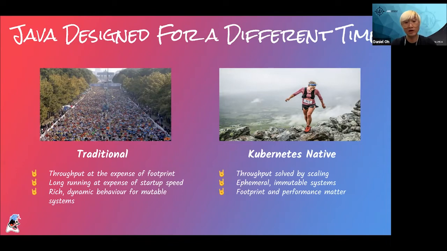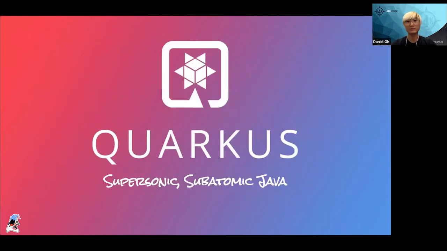Then things changed. Back in 2014, Kubernetes was born to provide immutable infrastructure for the cloud with high scalability and fast resilience, which really fits the cloud network architecture. With that, the dynamic behavior of Java technology is no longer a benefit in this Kubernetes architecture and platform.